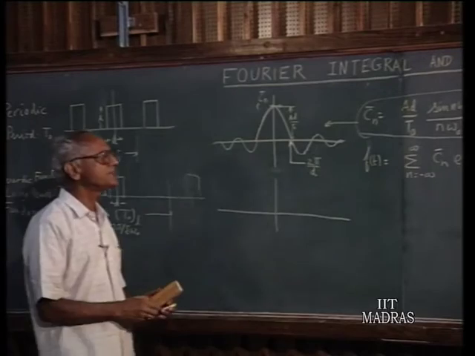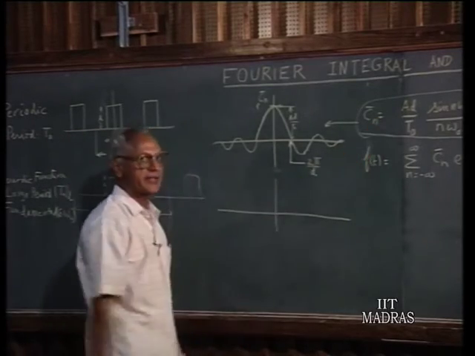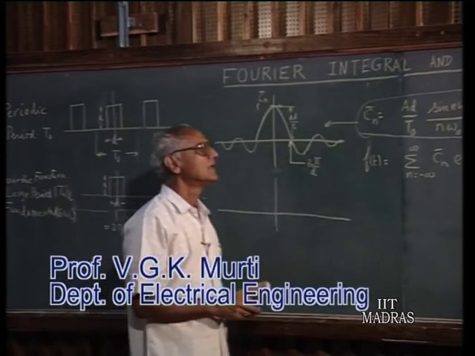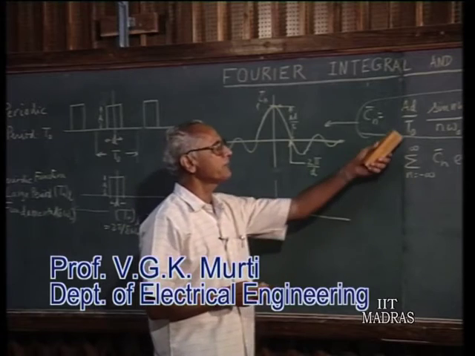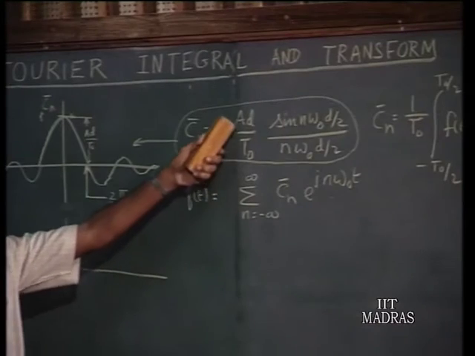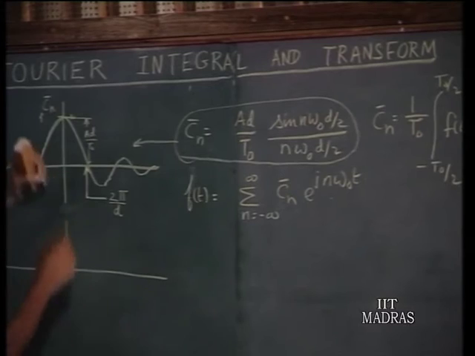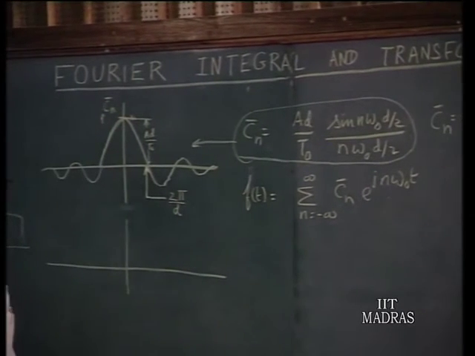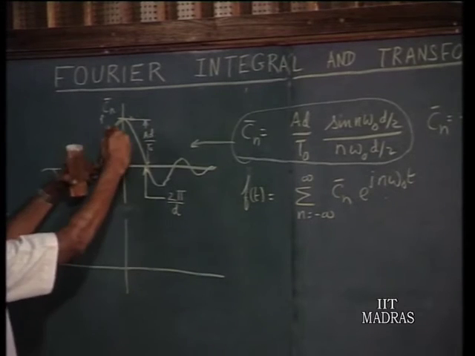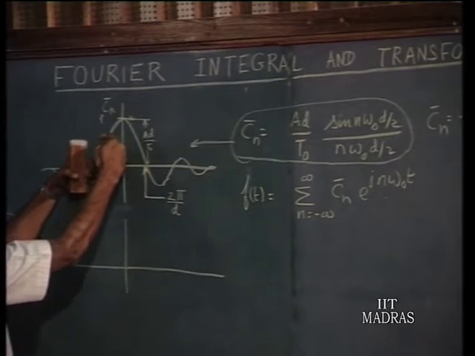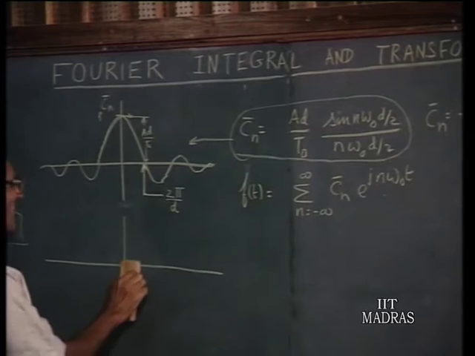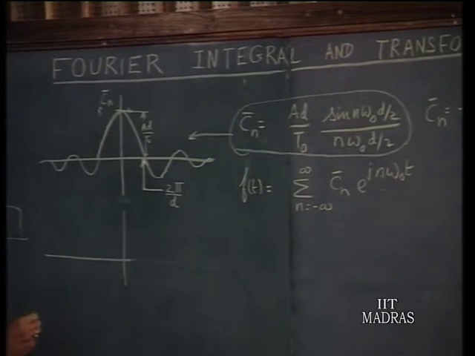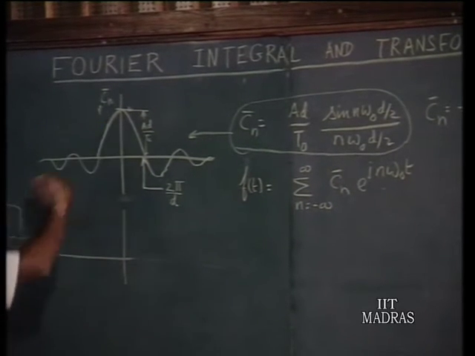Now, look at this. This is the formula for C n. What happens if T naught becomes larger and larger? A d upon T naught becomes smaller. That means the initial height, the amplitude, will become smaller, and if you have very large T naught, this becomes almost negligible. I am sorry, I am talking about C n not as a continuous thing.